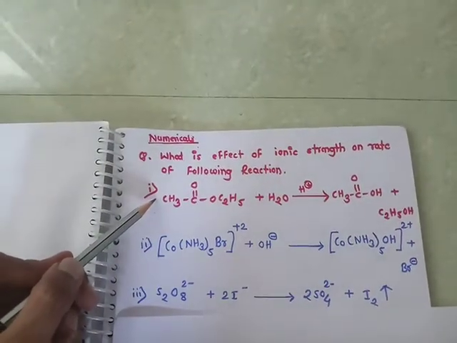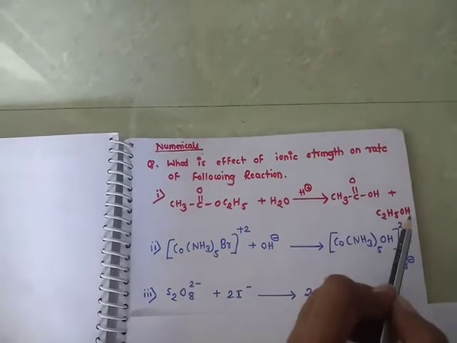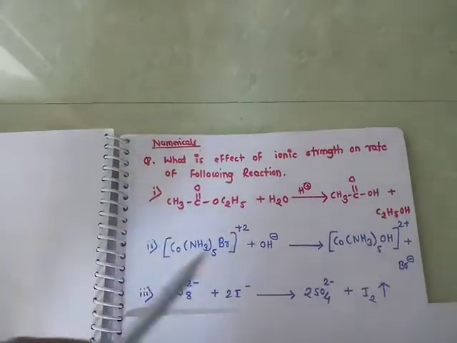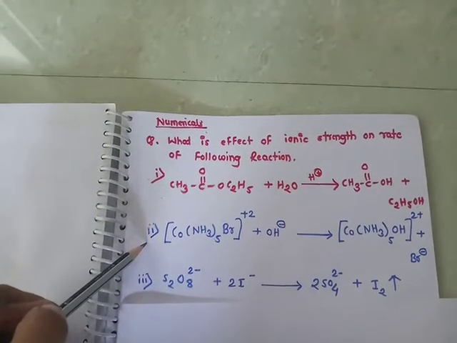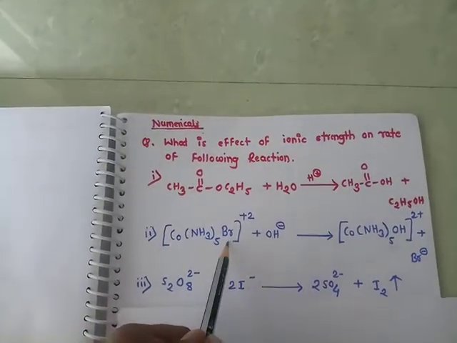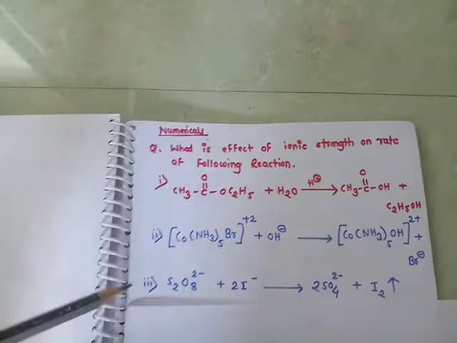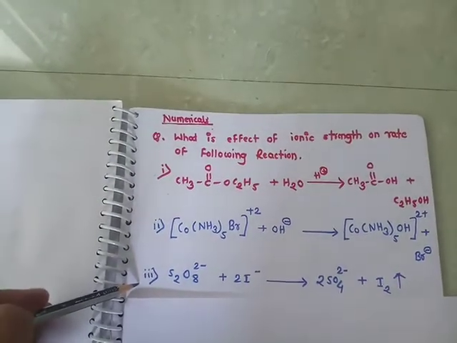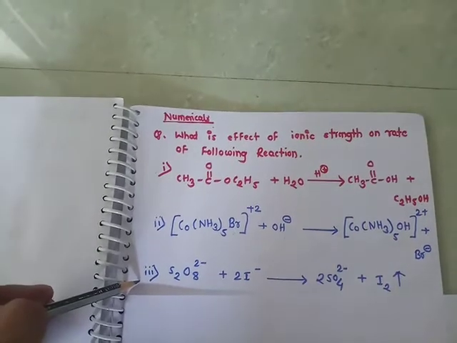First is the hydrolysis of the ester. We get acid molecule and alcohol molecule. Second reaction is displacement reaction. In this reaction, bromo ligand is displaced by hydroxyl ligand. And third is the well-known reaction, iodometric titration.